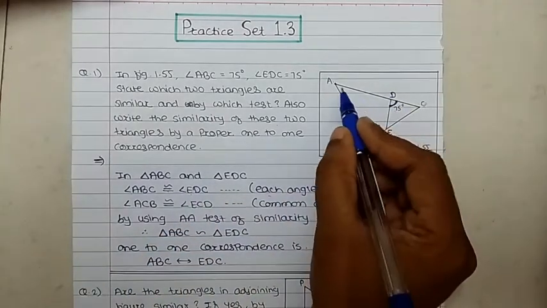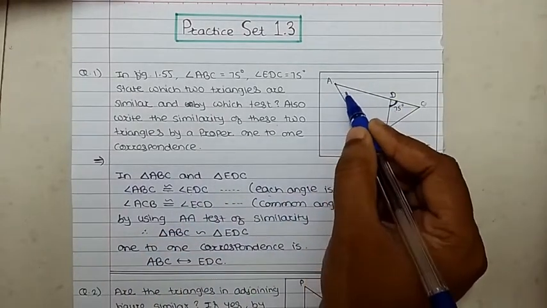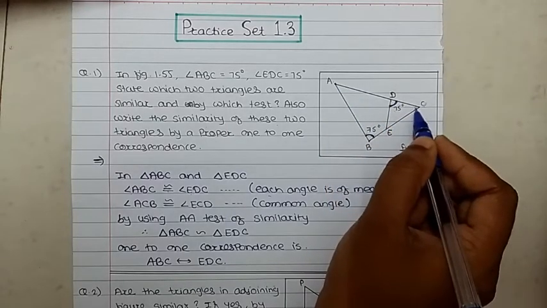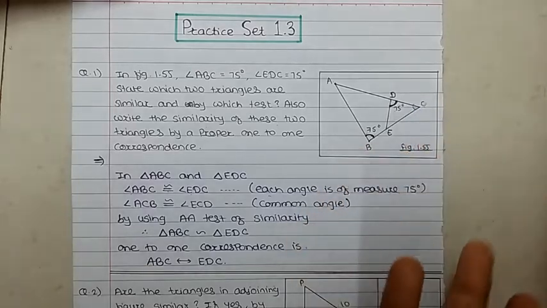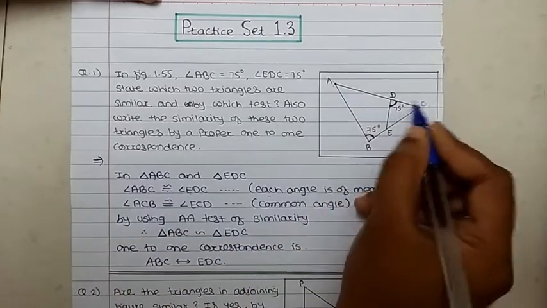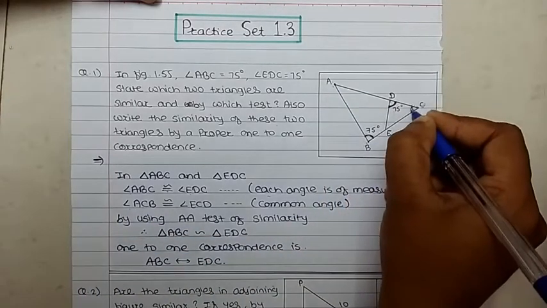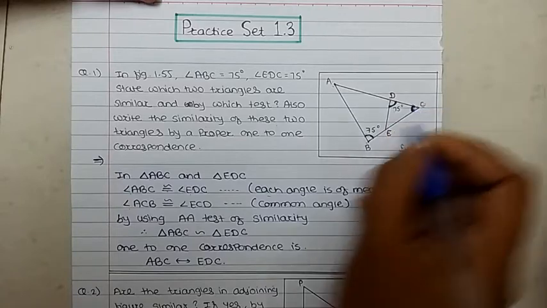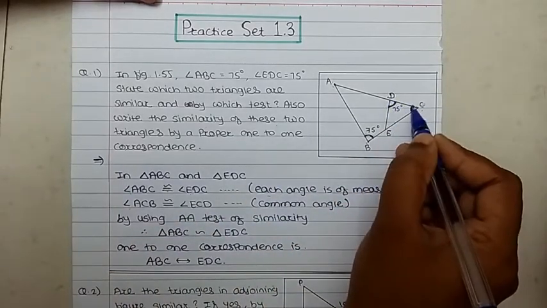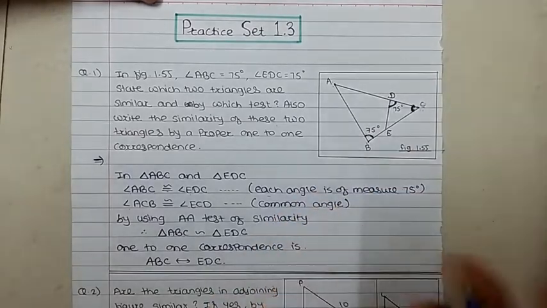Next, when we consider first triangle ABC and second triangle EDC, the angle C is common in both triangles. So we can say that angle ACB is congruent to angle ECD. This is the common angle between the two triangles.